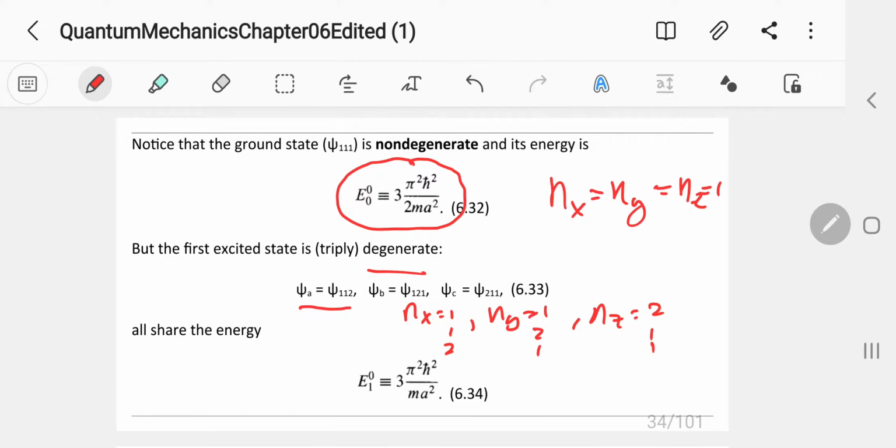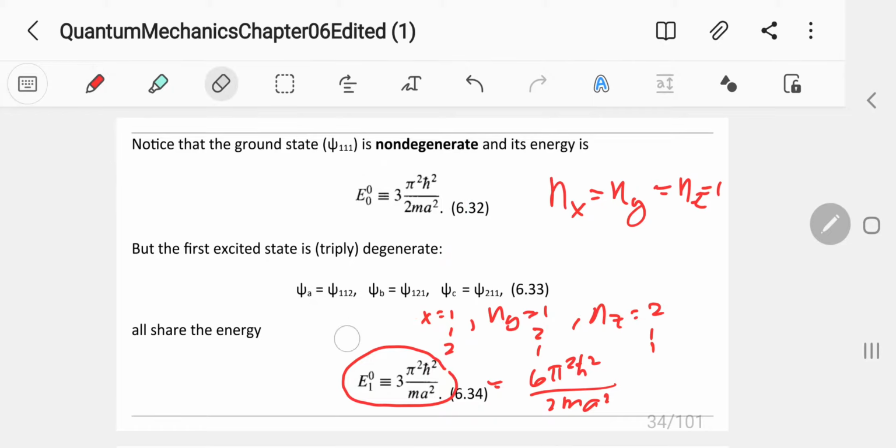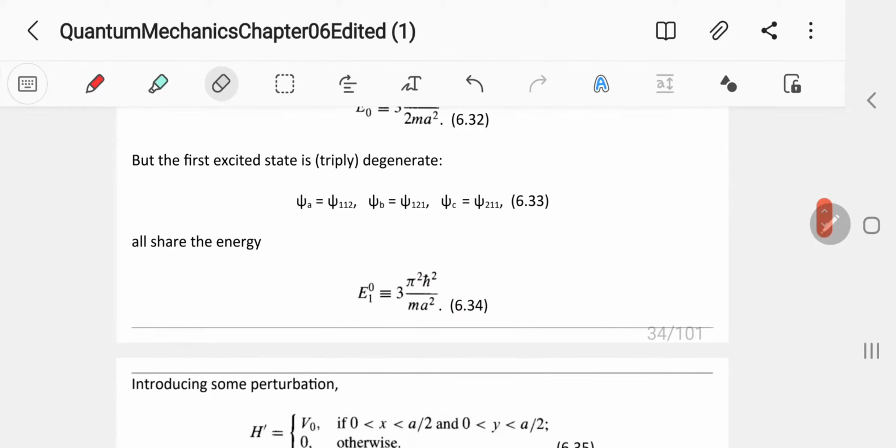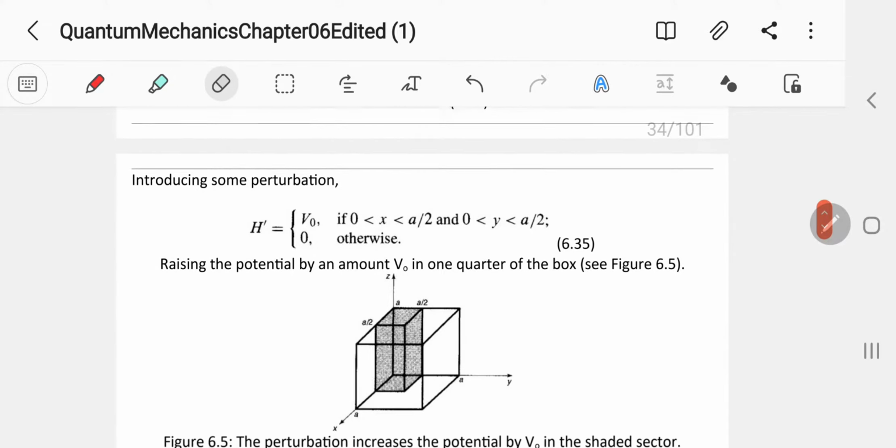And the energy is just this one here, or you can also write this as 6 pi squared h bar squared over 2 m a squared, just to retain the 2 m a squared below. So that's triply degenerate, meaning you have to get the corrections for each if there is a perturbation.